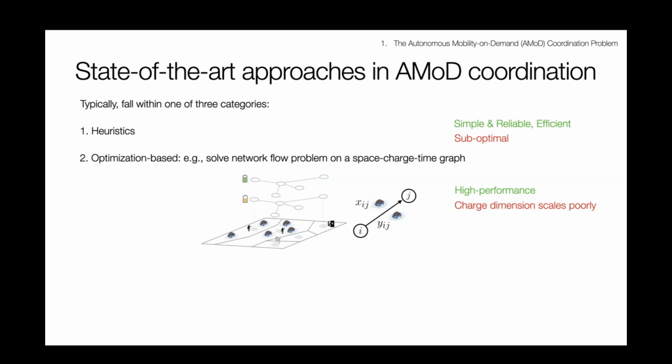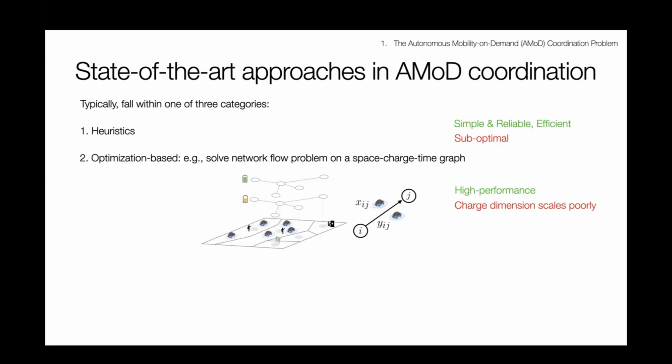The goal there is choosing the flow of vehicles over the edges of this graph. Once you have this representation of the AMOD system, optimizing over the system essentially entails picking the flow, here represented by Xij and Yij, to differentiate between dispatching flow and rebalancing flow over these edges of the graph.